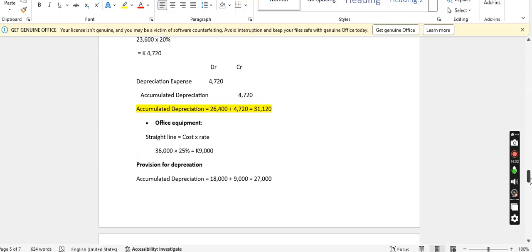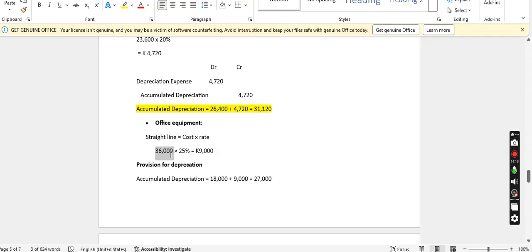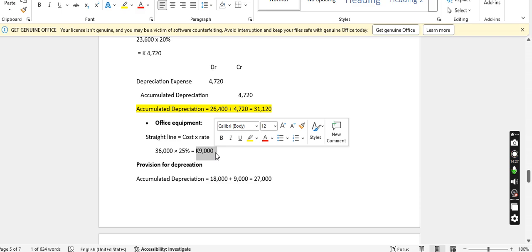Then finally, office equipment depreciation, again straight line method, cost multiplied by the rate. The value of the office equipment is 36,000, depreciation rate 25%. 25% of 36,000 is 9,000 kwacha. This is the depreciation expense for that year.